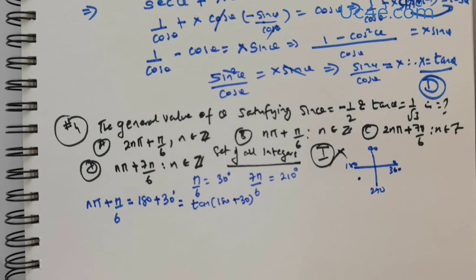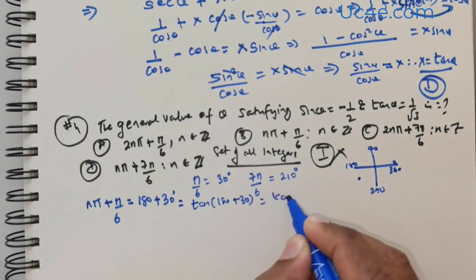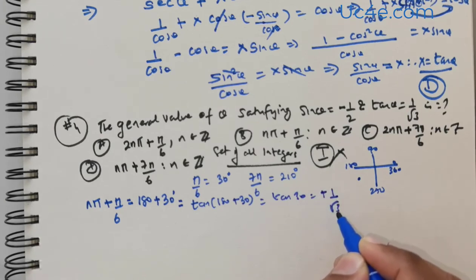So that looks a good choice because tan 30 is positive 1 over root 3. That looks good. Now this is going to be equal to tan 30, which is equal to positive 1 over root 3.